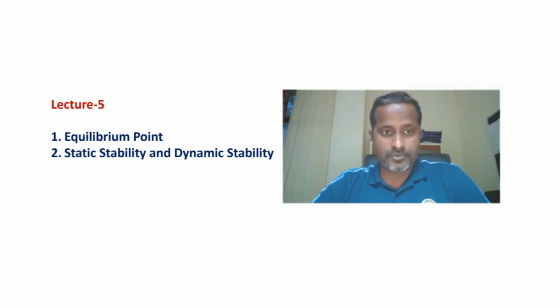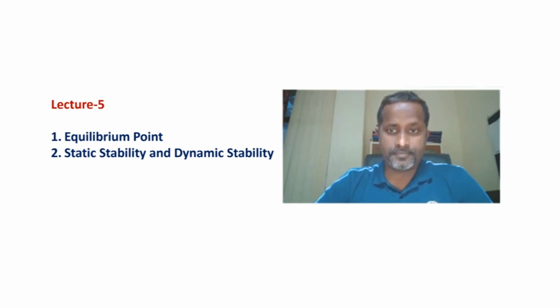Static stability is how the system behaves with respect to the equilibrium point, and dynamic stability is how the system behaves with time, the time history of the system. We'll discuss this from the trajectory perspective as well, how the aircraft system evolves over time. And then we'll conclude the lecture.